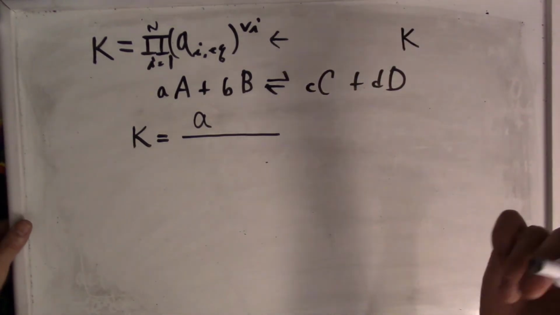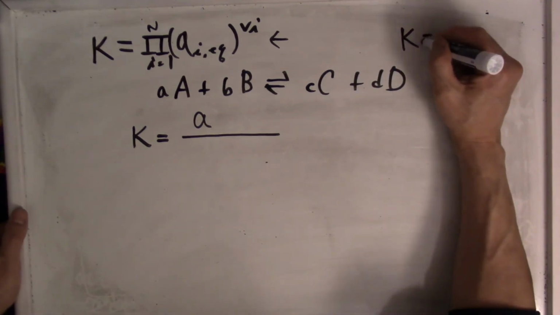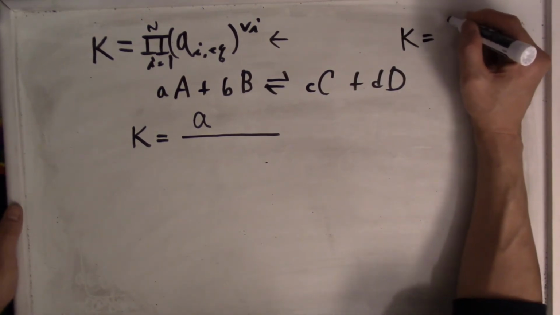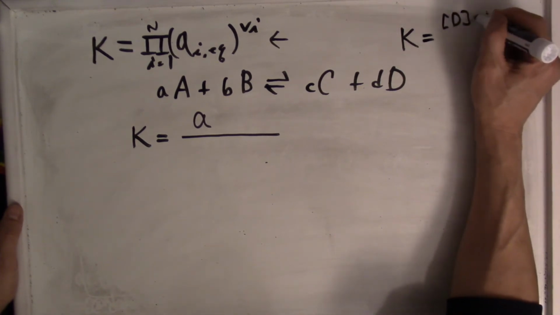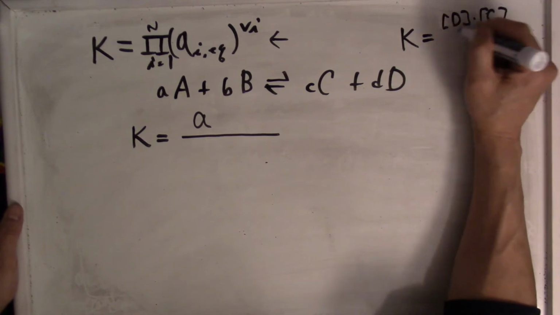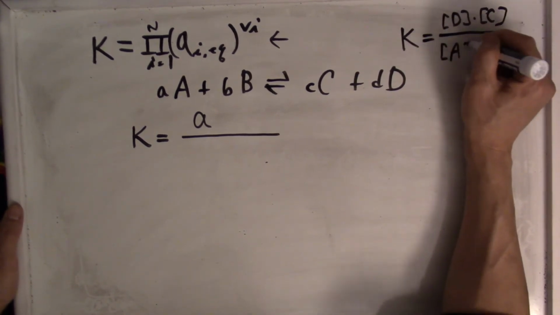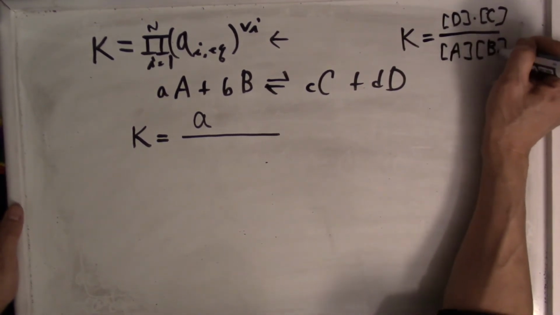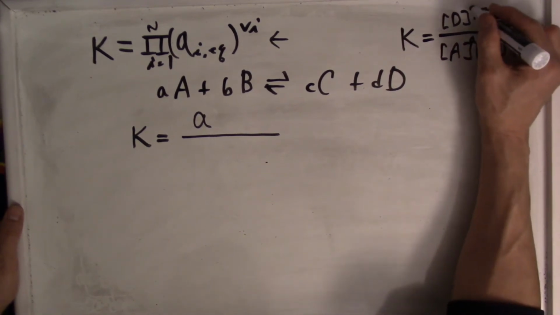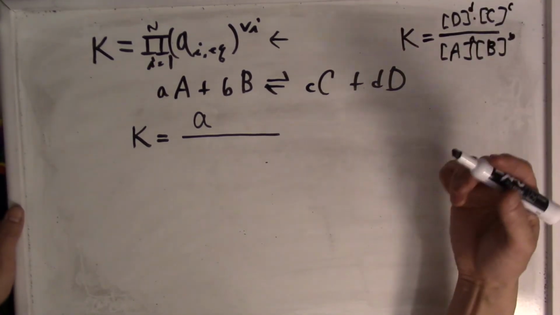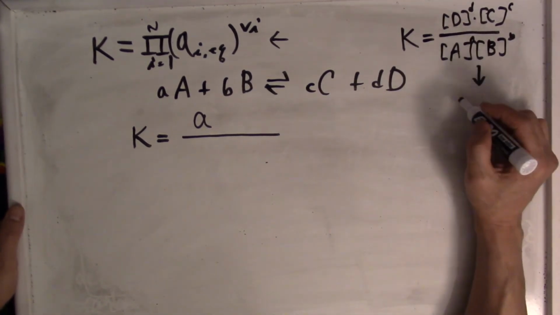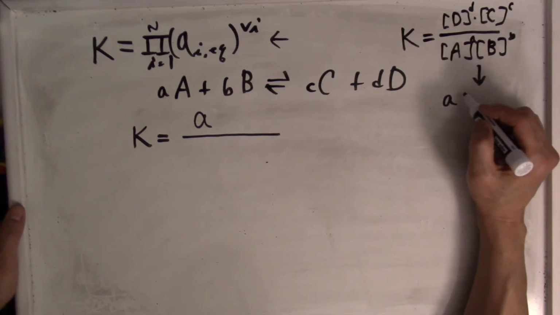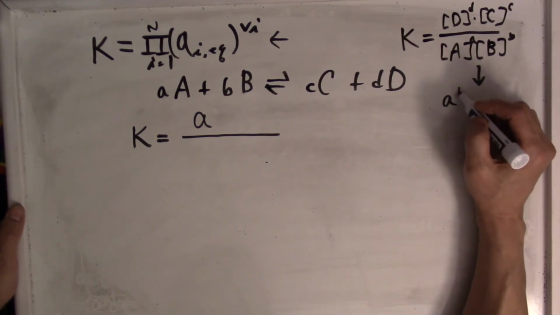What you learned in lower level chemistry courses was concentration of D and C over reactants, with the stoichiometry exponents. Of course, that was intro chem, but in reality, it's based on activity.